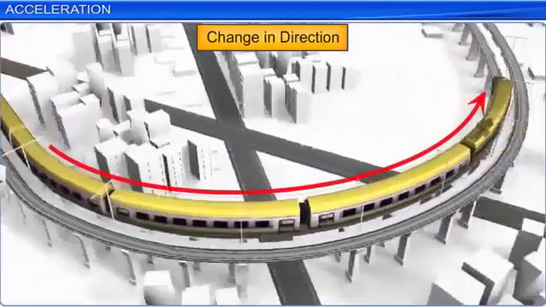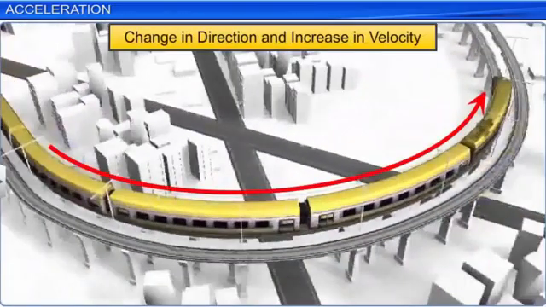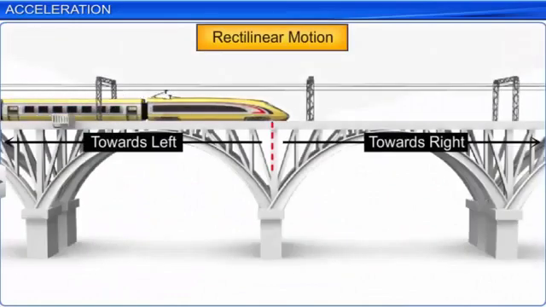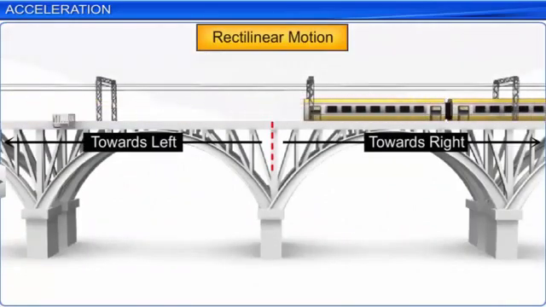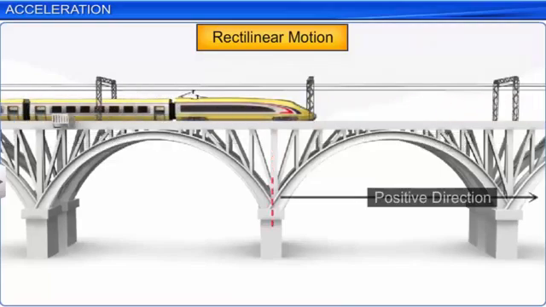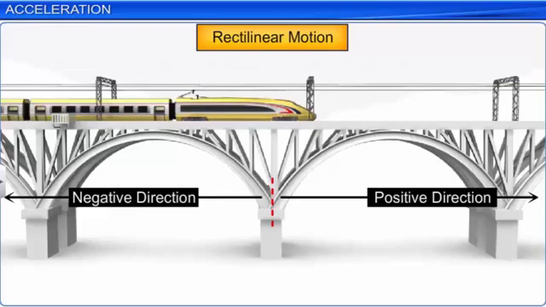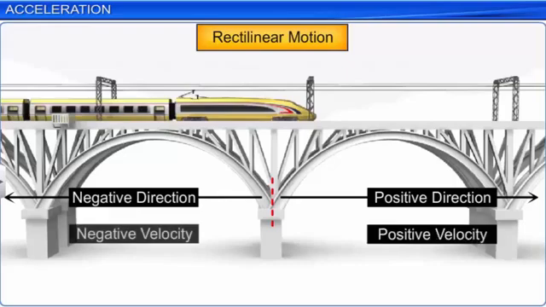In rectilinear motion, we have only two directions of motion, positive and negative. Therefore, we have two types of velocities, positive and negative. Similarly, we have two types of acceleration, positive and negative.